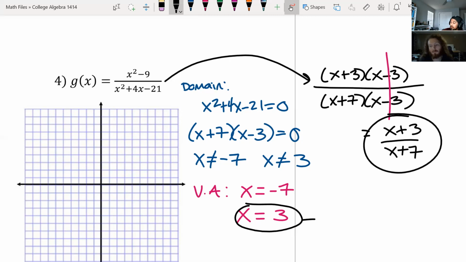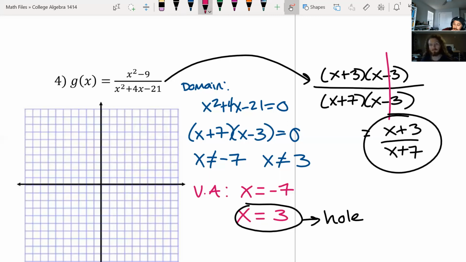It becomes a hole in the graph. Whenever we are dealing with a rational function in general, the first thing you want to do is find the domain. You find domain first, and then you simplify. So always find domain first, and then simplify.